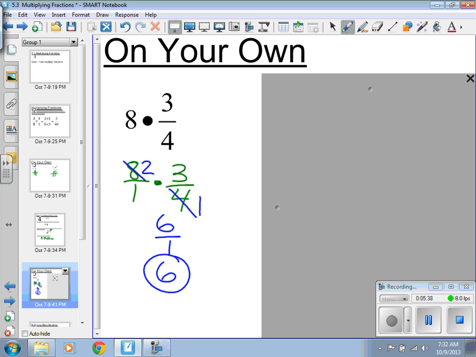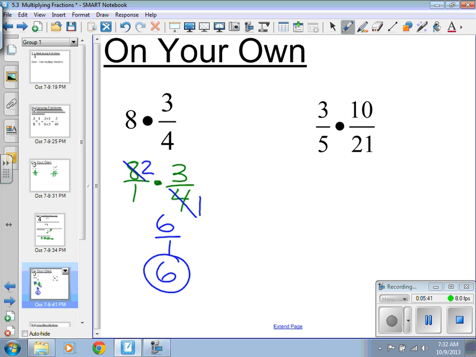Our next problem is 3/5 times 10/21. So hopefully you look at that and you see that 3 and 21 both have a factor of 3. So we divide 21 by 3 and get 7. 3 divided by 3 is 1. 5 divided by 5 is 1. 10 divided by 5 is 2.